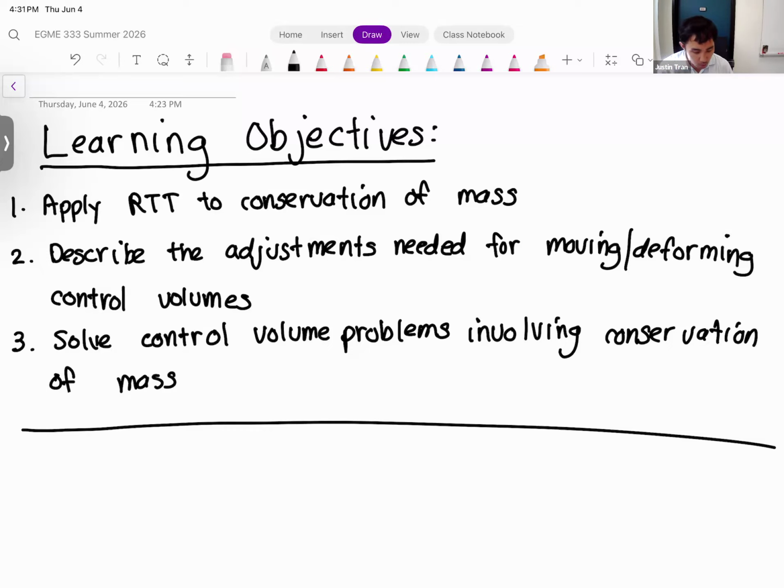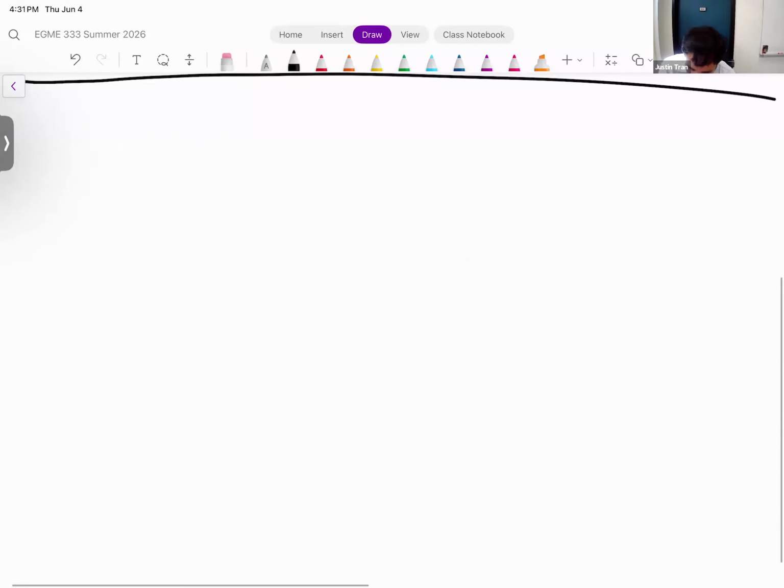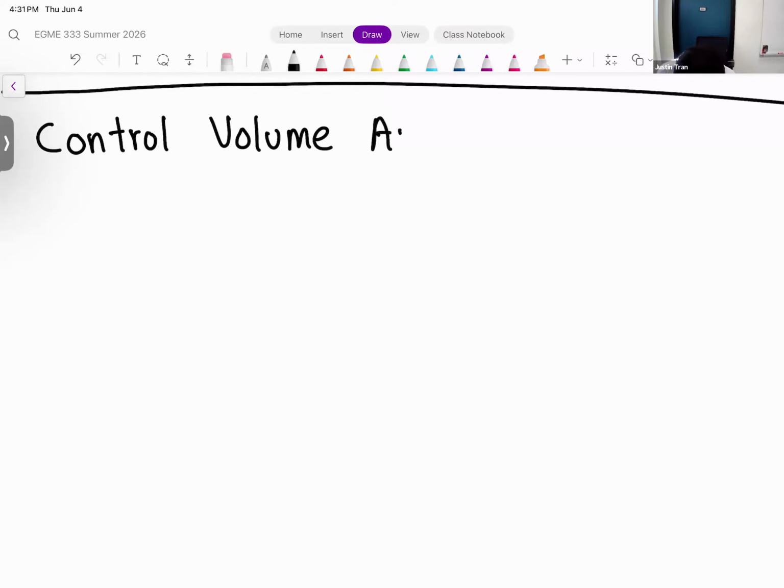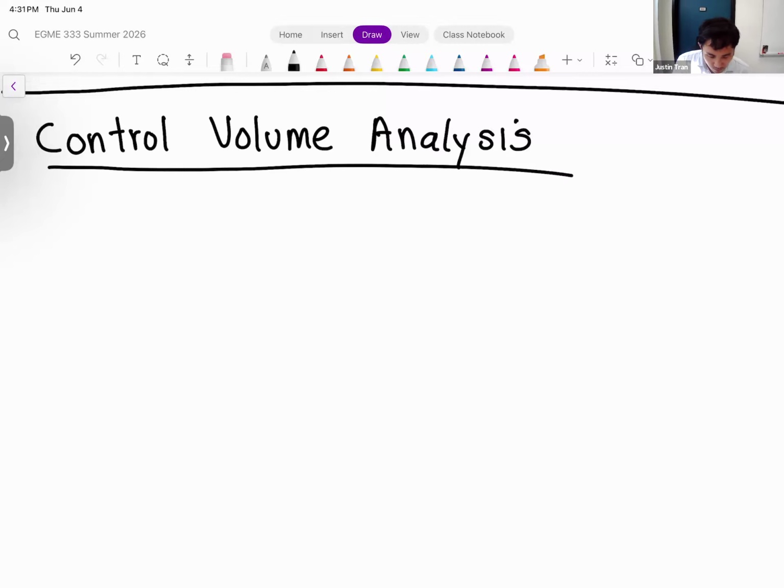Today is part 1 of what I consider to be control volume analysis. Like I mentioned yesterday, this is where the class really starts to take off.